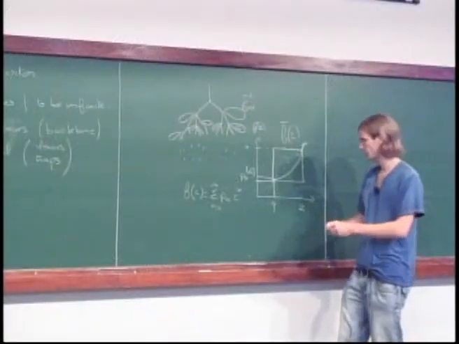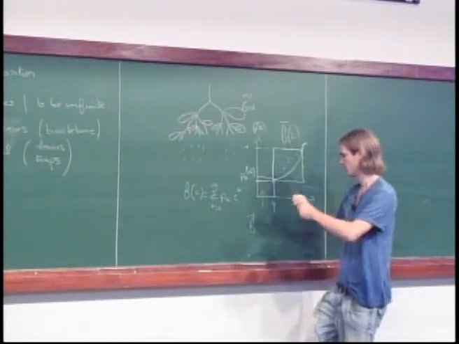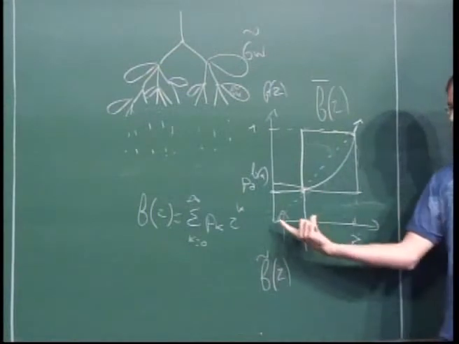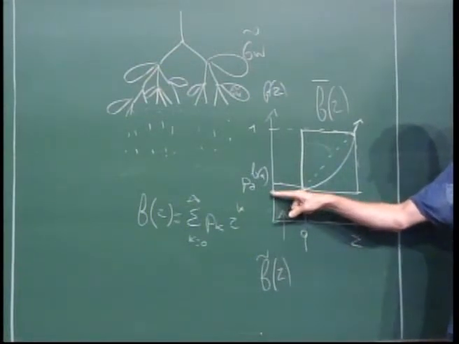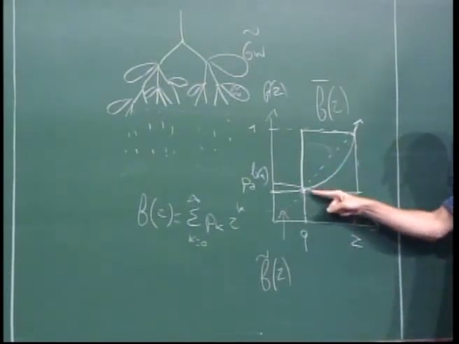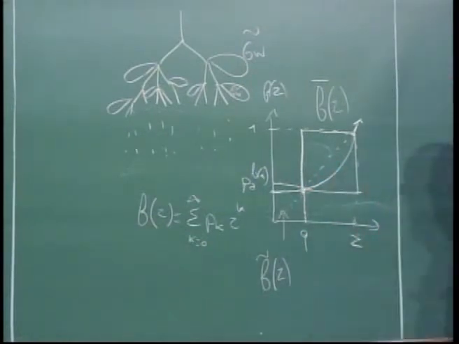And if you take this red square here and put it up to size 1, you would get the generating function of the red tree. So this is actually, as you see, the generating function of a subcritical tree, because here the mean is lower than 1. And in this yellow square, you see that at 0, you're at 0, which means you don't have any leaves. So this is the Harris decomposition.